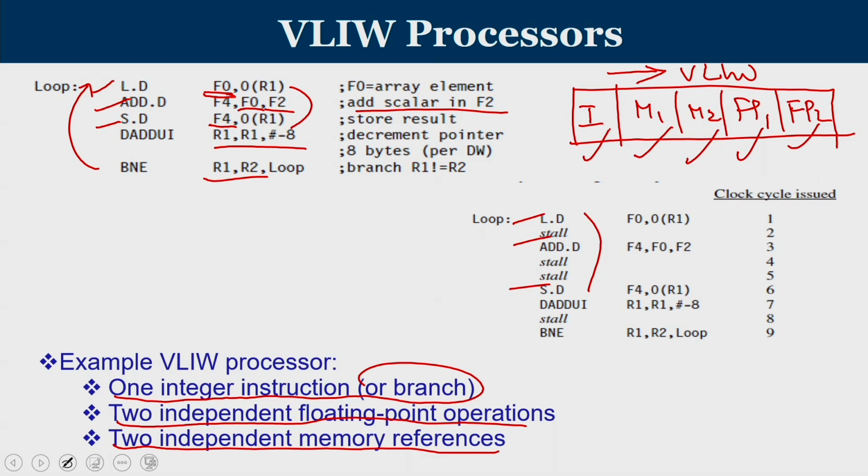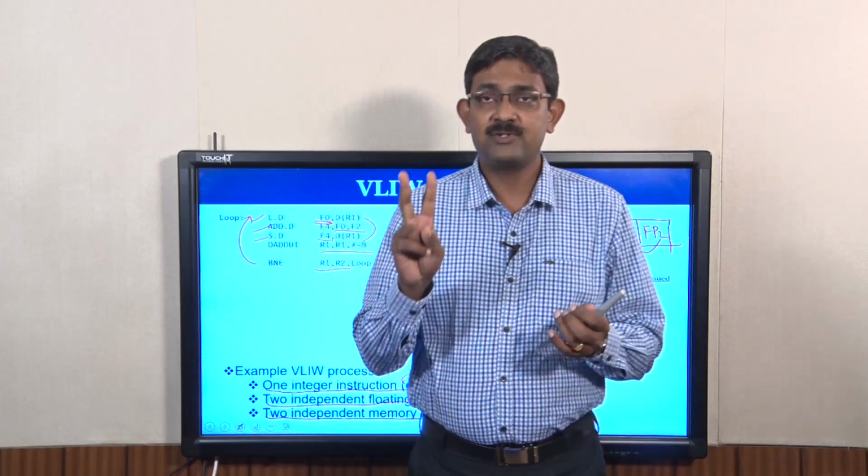So, what is the role of the compiler? From among the available program that you have, you find these 5 components. There should be an integer or a branch instruction, and then there should be 2 memory instructions and 2 floating point instructions. All these are put together to form the long instruction word.